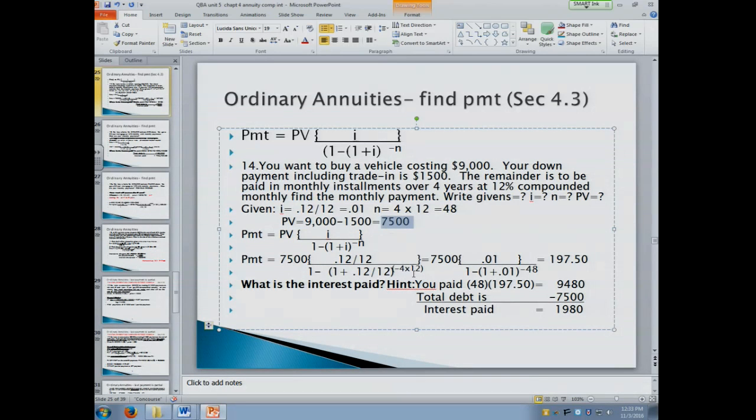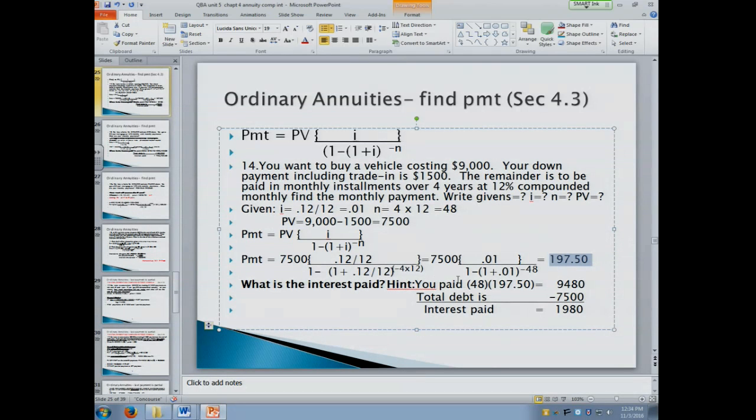Substitute it in. Make sure, see this exponent? Make sure it's a negative and make sure there's parentheses around it. So therefore, your total payment is $197.50. So you're going to pay that 48 times.